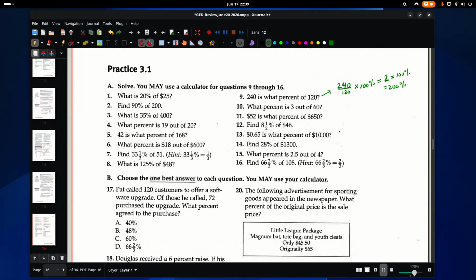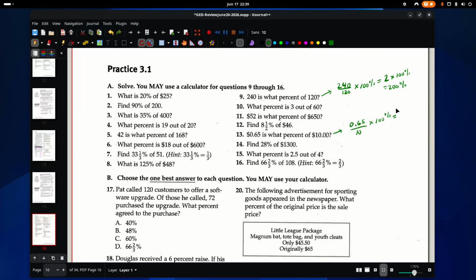Okay, let's try this one. $0.65 is what percent of $10? So 0.65 over 10 times 100% is what we're looking for.